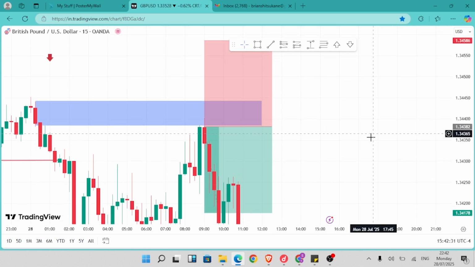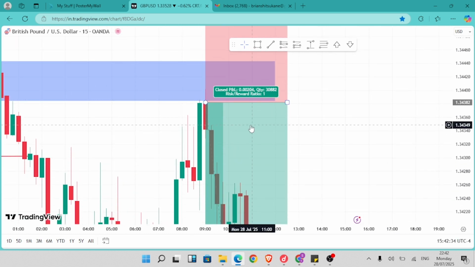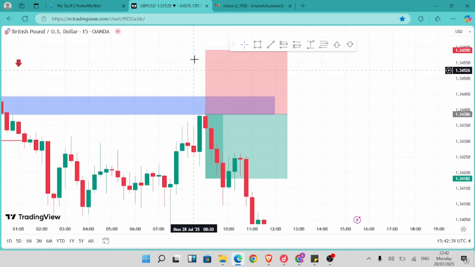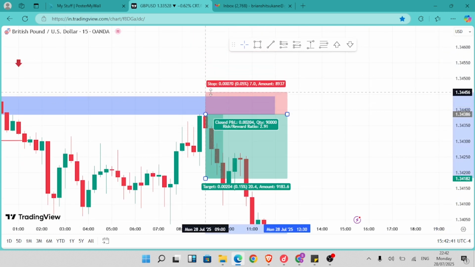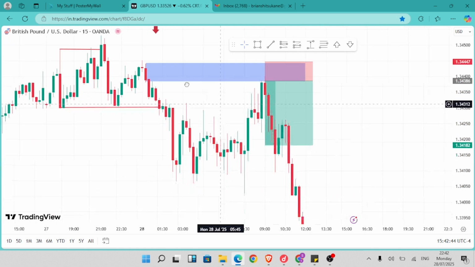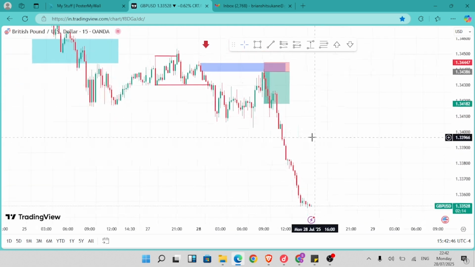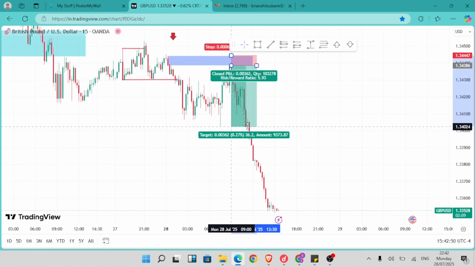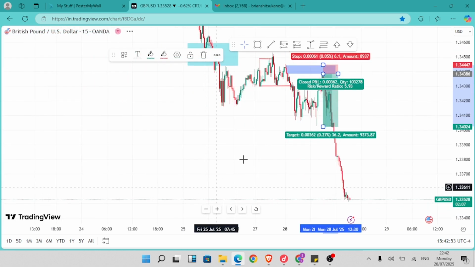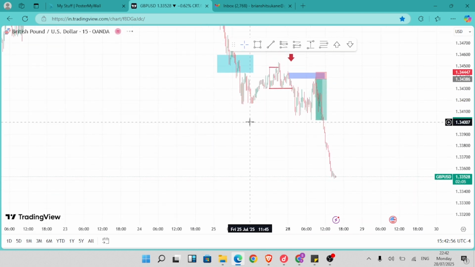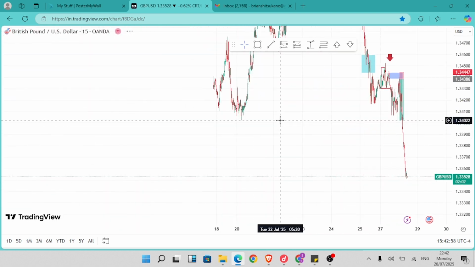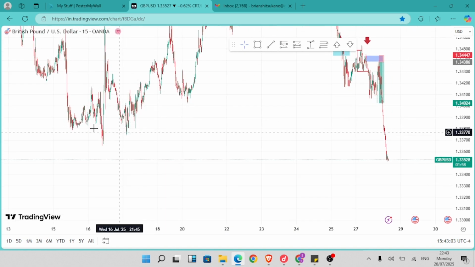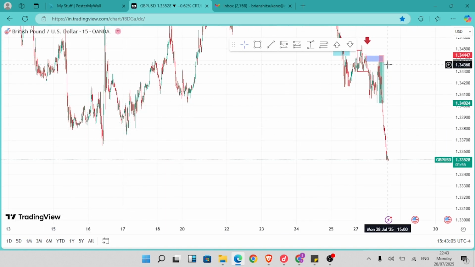Assuming you would have taken it, what would have been our return? Engage price right there, stop loss above that premium. This was our first take profit. Let us see if we had the market structure take profit. Yep, we had quite a few areas.